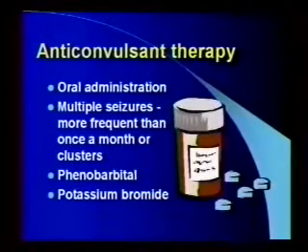Primidone causes liver problems, and dilantin doesn't work very well. So we have found that with these two drugs, phenobarbital and/or potassium bromide, we are able to control about 90% of the seizures associated with routine epilepsy. So that's kind of important information to know in a small animal practice.